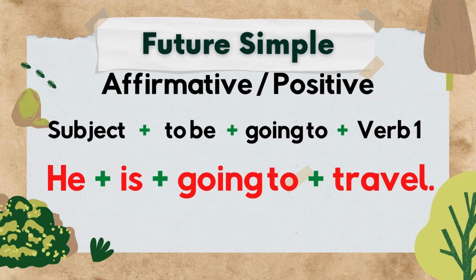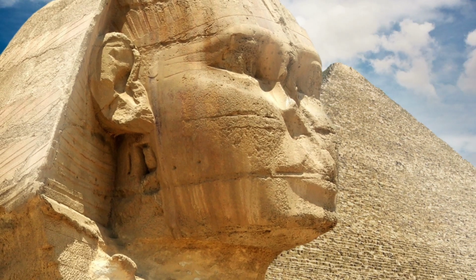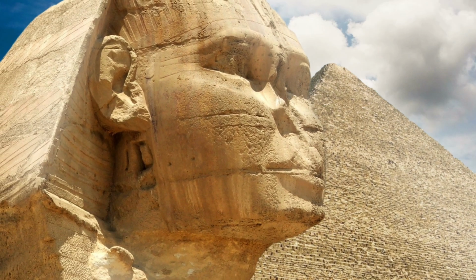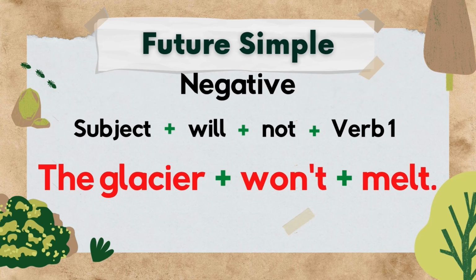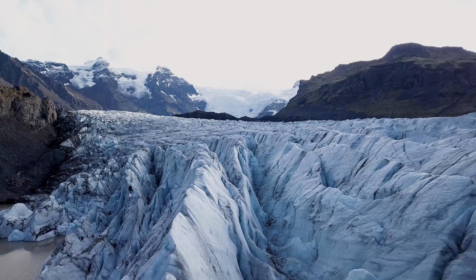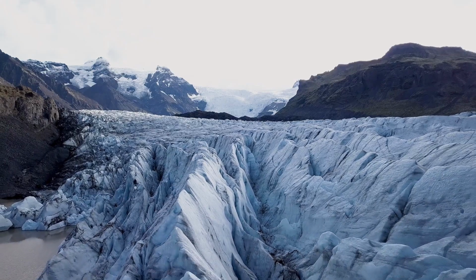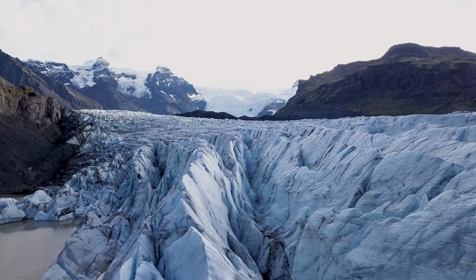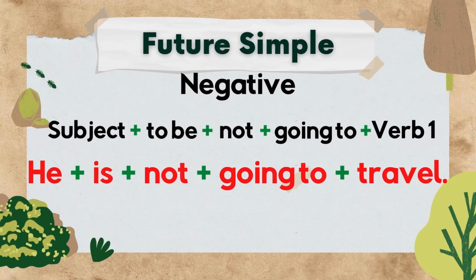Or, he is going to travel. For the negative, we need to add not, and will not becomes won't, like the glacier won't melt. Or, he is not going to travel.